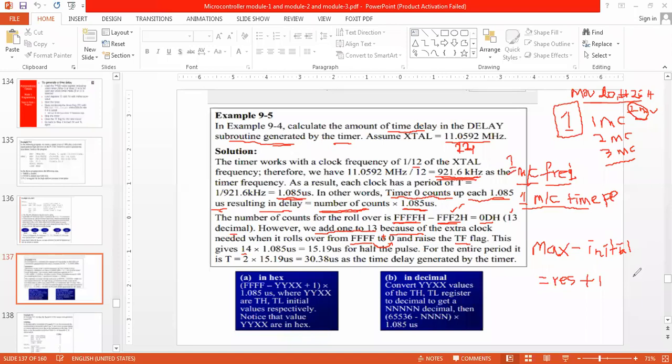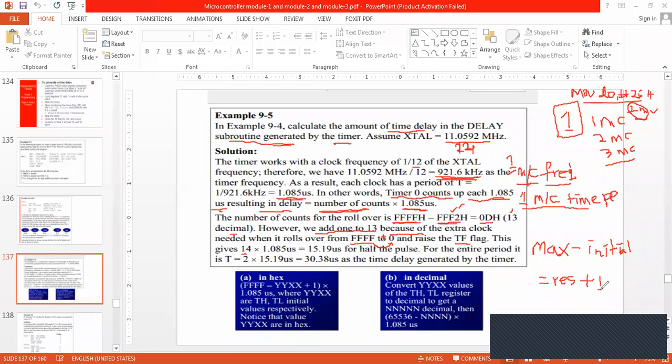That is why plus 1 is added to the result. So this is 0D plus 1, 0E. What is 0E? It is 14. 14 into 1.085 microseconds.